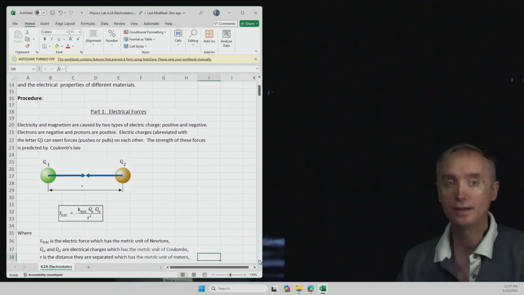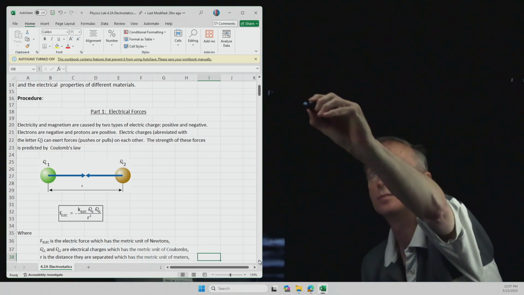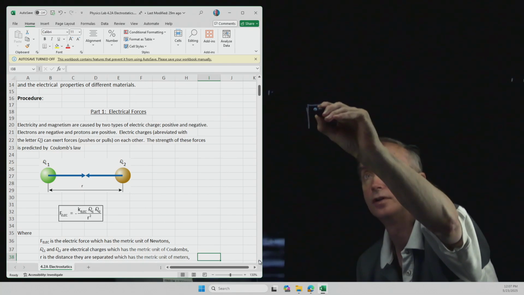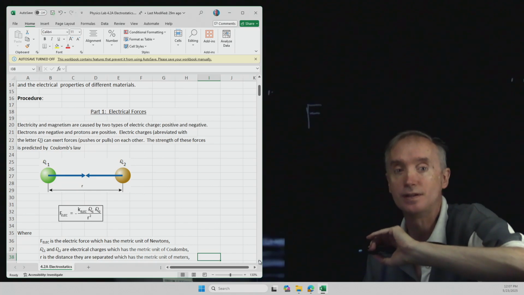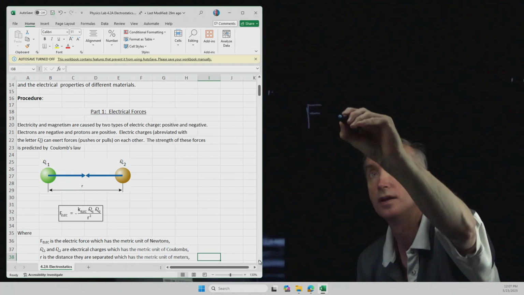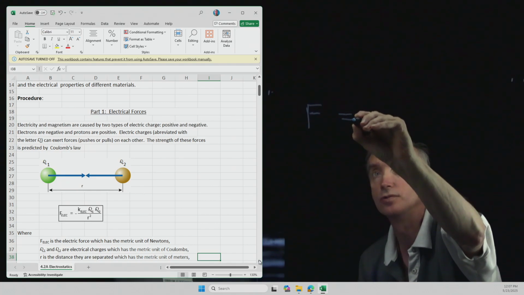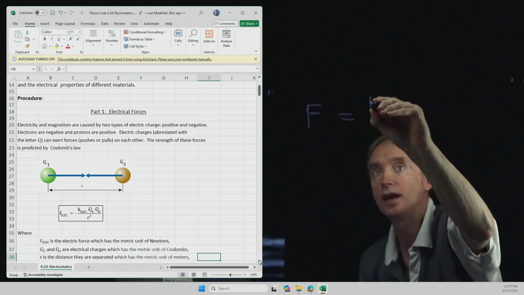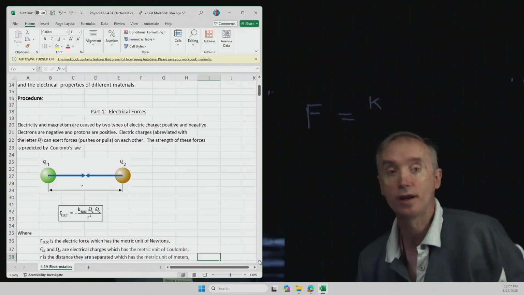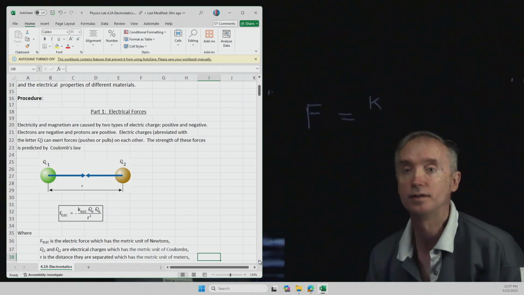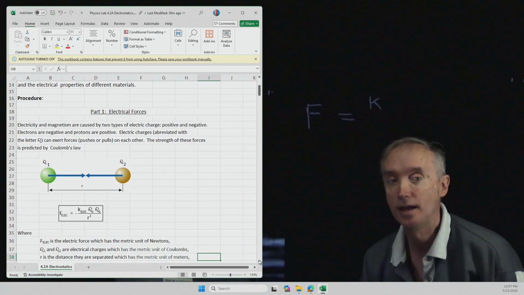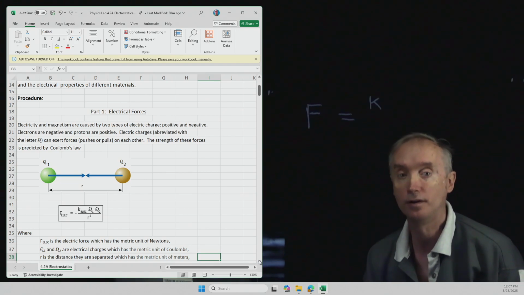we're going to look at the electric force. And so the electric force is going to be given by F for force, and then it is going to be equal to a constant K, which we don't care about. This constant is the electrical constant, and it determines the strength of electricity.